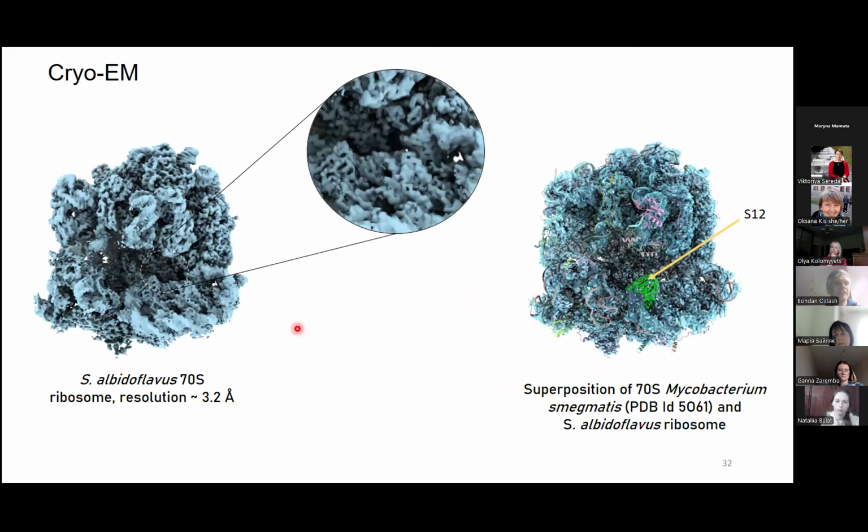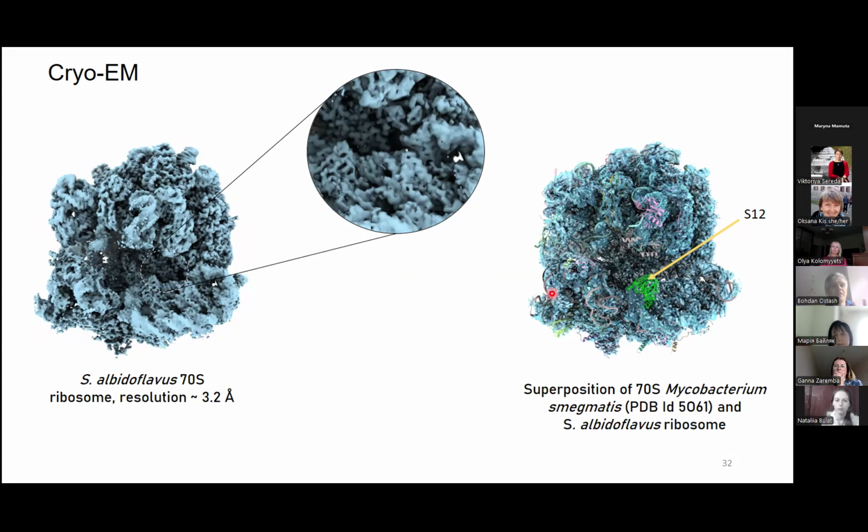And luckily, we have found collaborators at Tohoku University in Japan who are masters of cryo-electron microscopy. Basically, you can freeze the ribosome almost at absolute zero, and then beam it with electron rays, and the diffraction picture would tell you the structure of the ribosome. Right now, we have a very crude view of the Streptomyces ribosome.